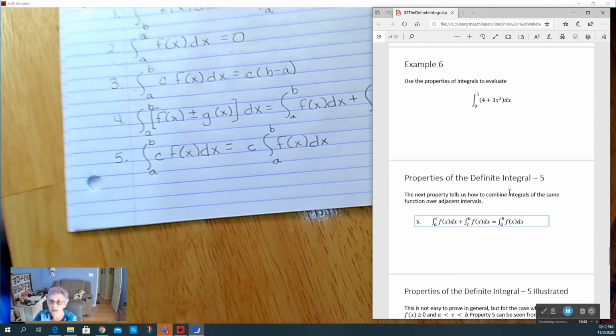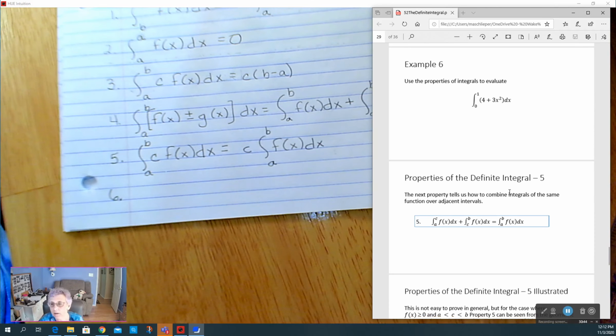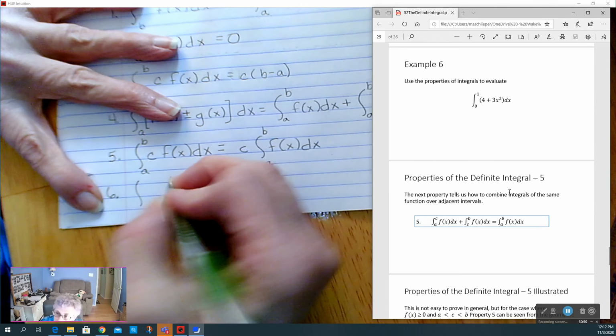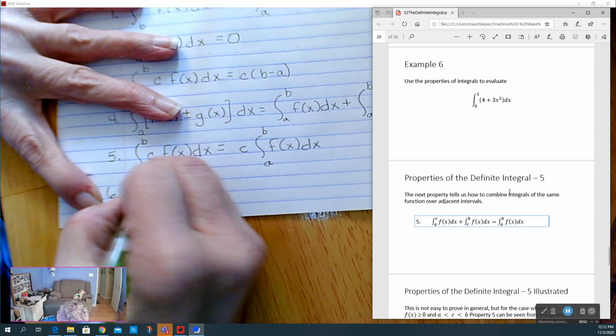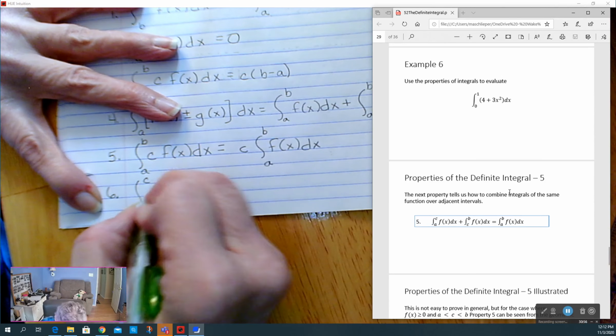And I'm going to go ahead and add this other property here to the end. If we have an area that's split into 2 pieces, we can add up the pieces to get the definite integral. So in this case, c lives somewhere between a and b.